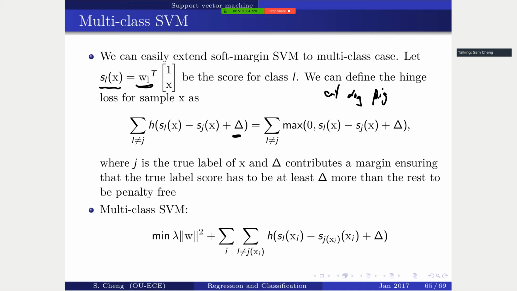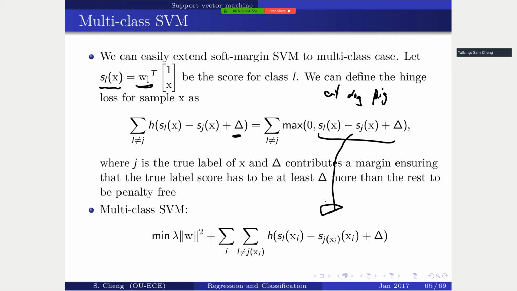And here I can do something like in the soft margin SVM. If it's bigger than this margin delta, then it's fine, the loss will be 0. Otherwise, my loss will be whatever the difference is. And then I can add this loss into my cost function.